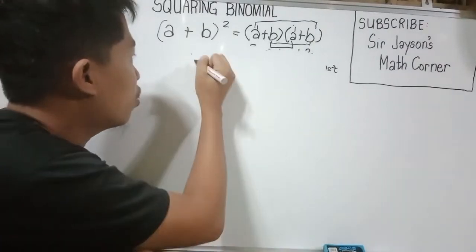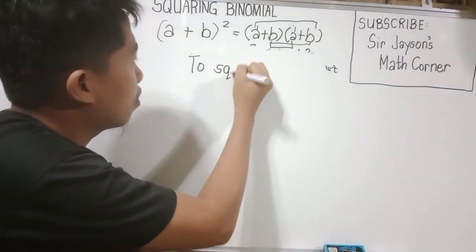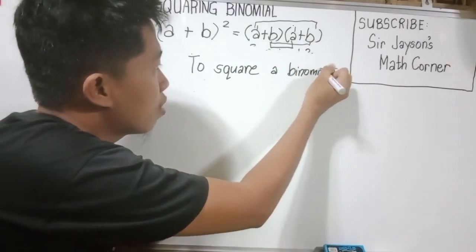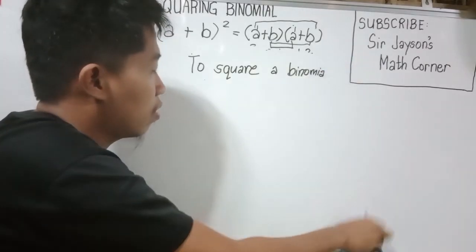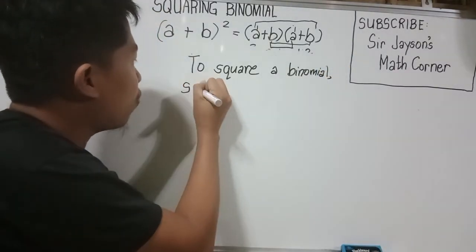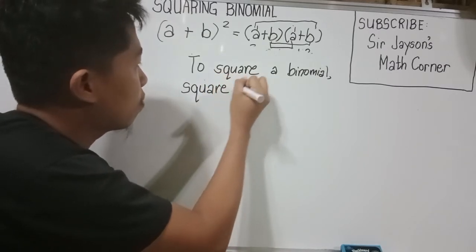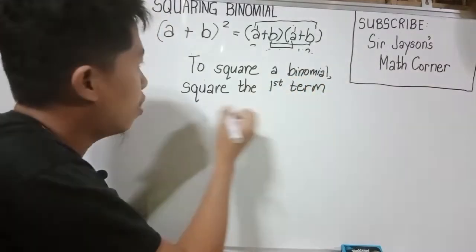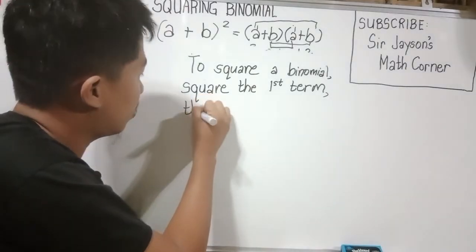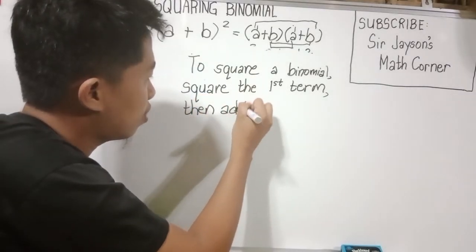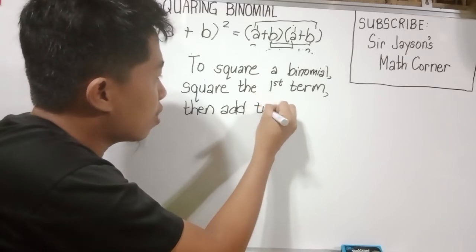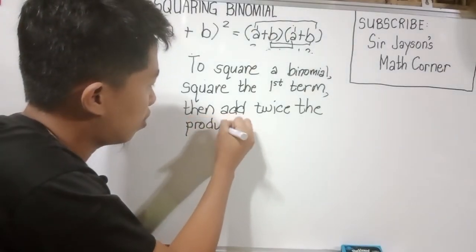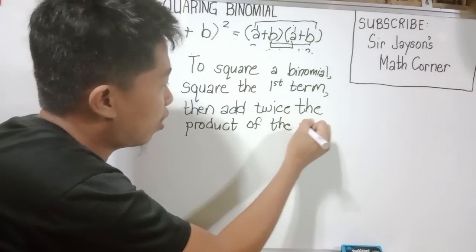To square a binomial, square the first term, then add twice the product of the first term and second term.